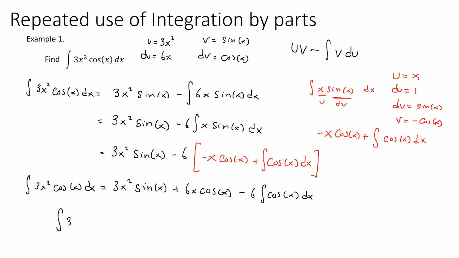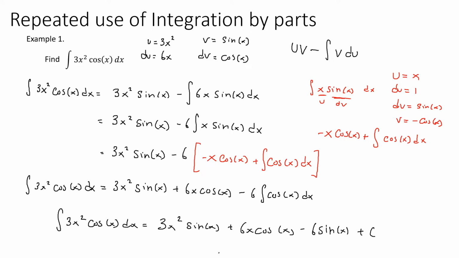So our answer will come out to be 3x squared times sine of x plus 6x cosine of x minus 6 sine of x plus c.